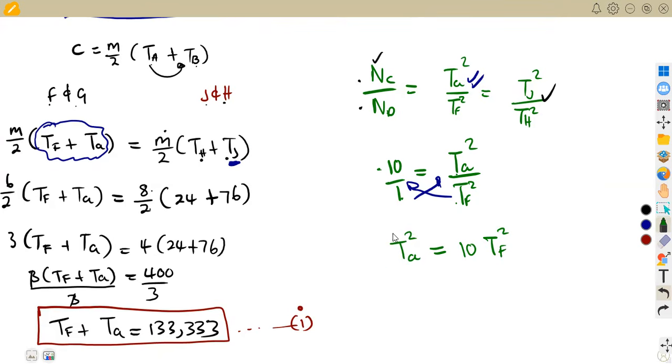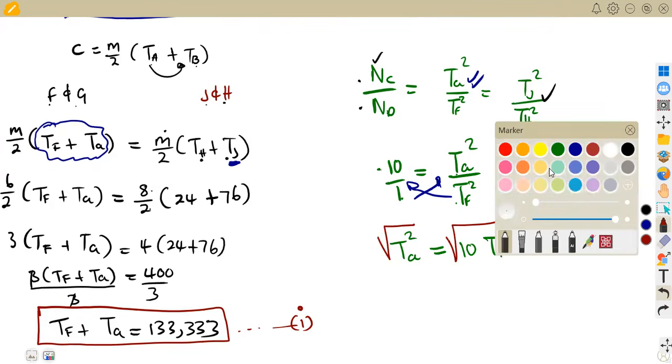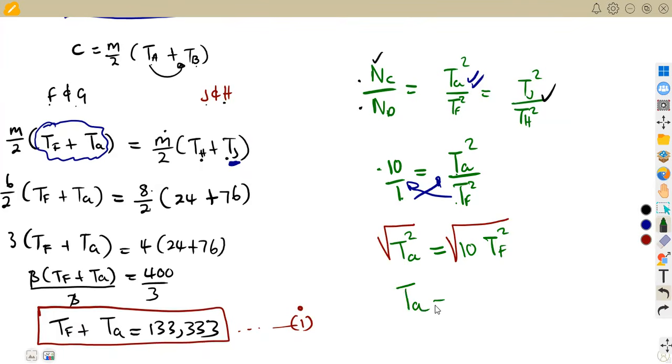We can simply remove the square by introducing the square root on both sides. We remain with the TG. So that means our TG is going to be given as the square root of 10. So we are going to simplify the square root of 10, which is going to give us 3.162, times the square root of TF squared, that is TF.